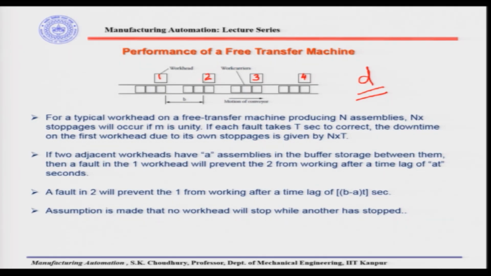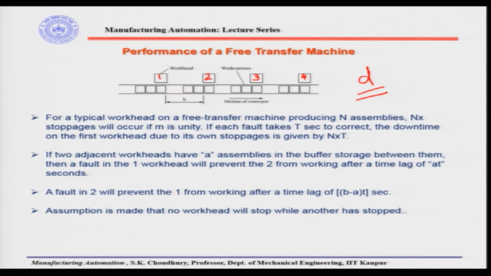Similarly, when you are finding out the downtime for workhead number 2, you have to find out the effect of the defective part going into 2, which is again nxT, the same. But then there will be the effect of stopping 1 on 2. Once again, if 1 stops, 2 can still work, because there are subassemblies in the buffer stock, and it can take from the buffer stock till the buffer stock is empty.